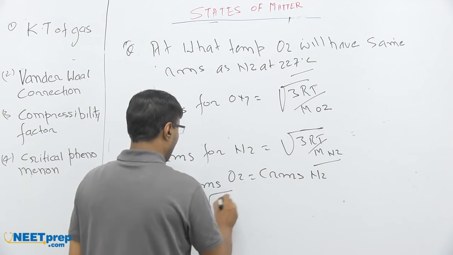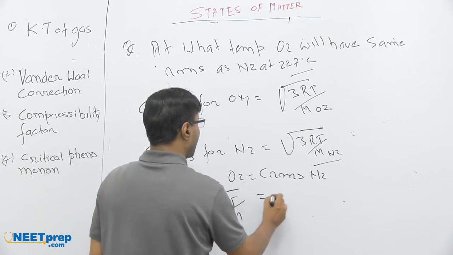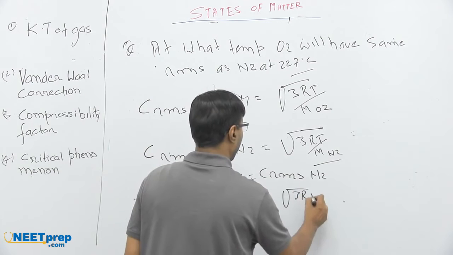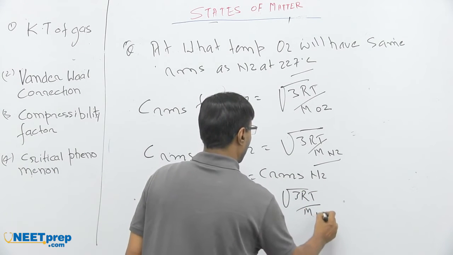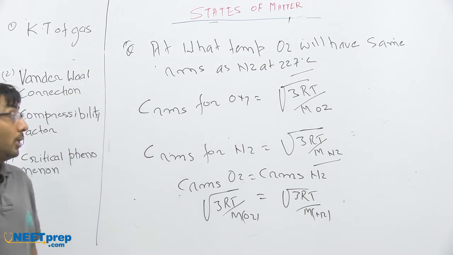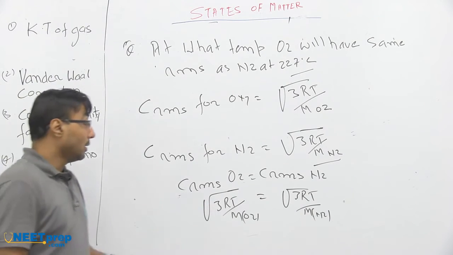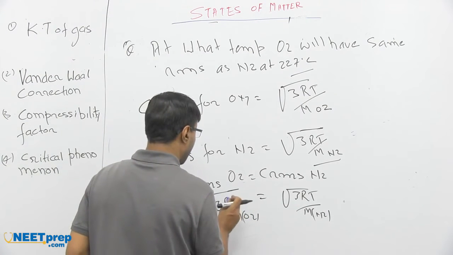So under root 3RT by M O2 is equal to under root 3RT by M N2. Finally it will be the ratio of temperature and mass, because only these two things are variable here and the rest is constant. So 3R is going to be cancelled.